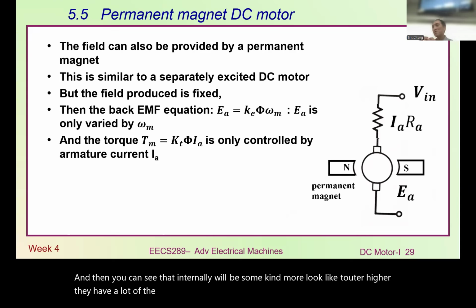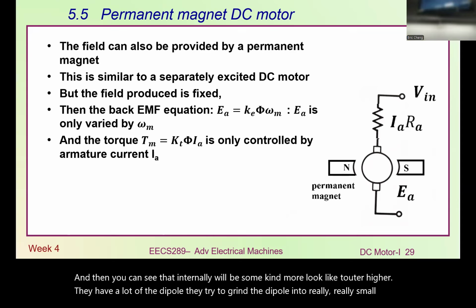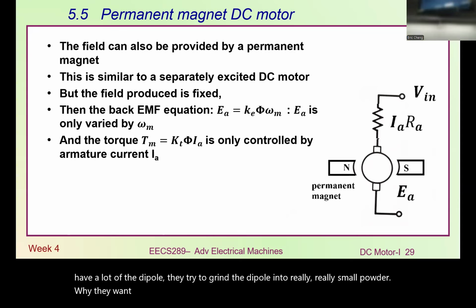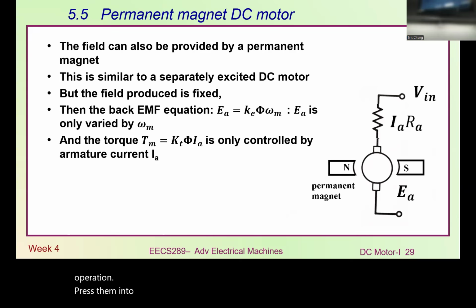They try to grind the material into really, really small powder. Why do they want to use small powder? Because it is able to work at a higher frequency of operation. Then they grind them, press them into a form, and then use something to contain them to fix the shape. So internally, they just look like cement, but really weak.